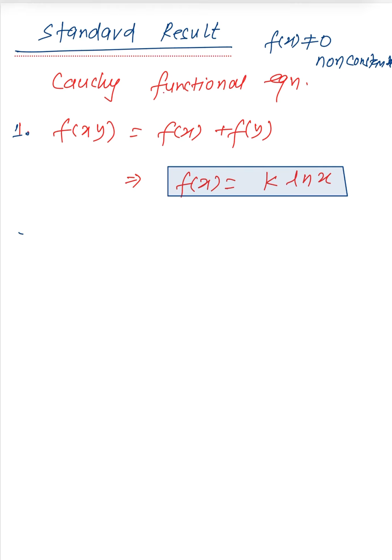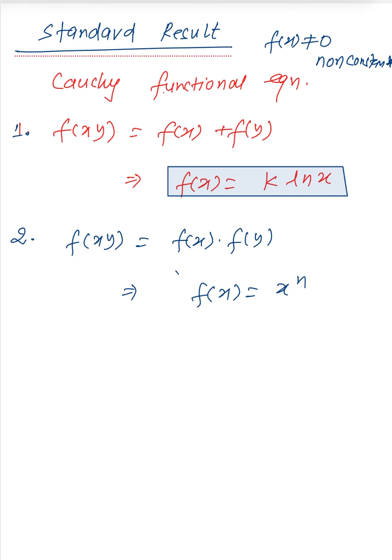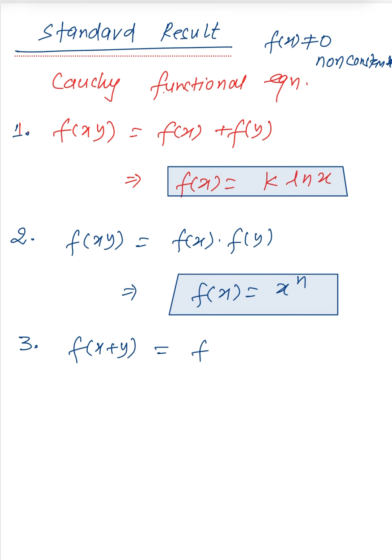standard functional equation. Second is f of xy is equal to f(x) into f(y). In that case, you can choose f(x) is equal to x to the power m. This is the second standard functional equation. Third is if f of x plus y is equal to f(x) into f(y).